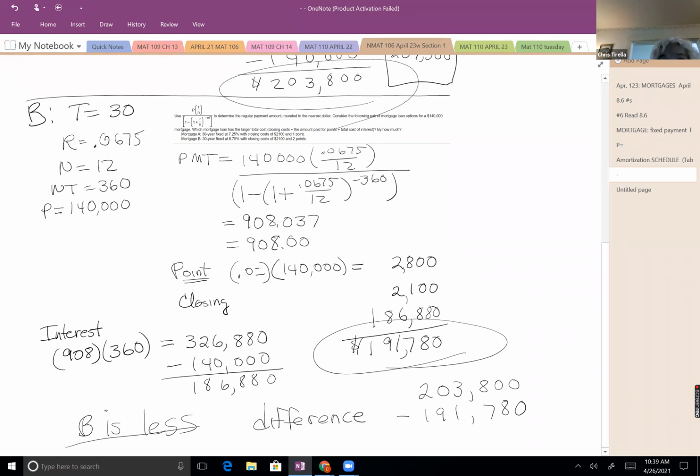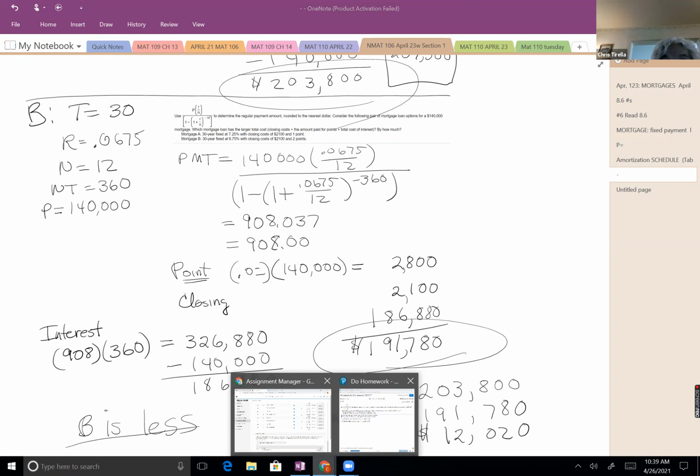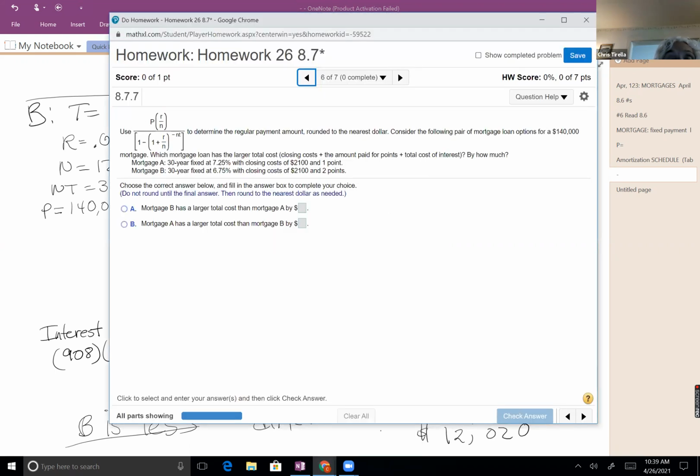And so it would save us $12,020. Is that better? Yeah. So let's see, we've got 12,020. So mortgage A has the larger cost.